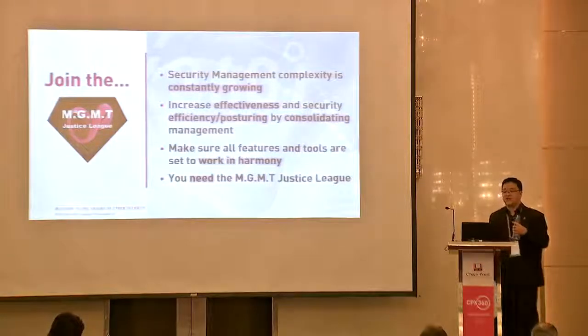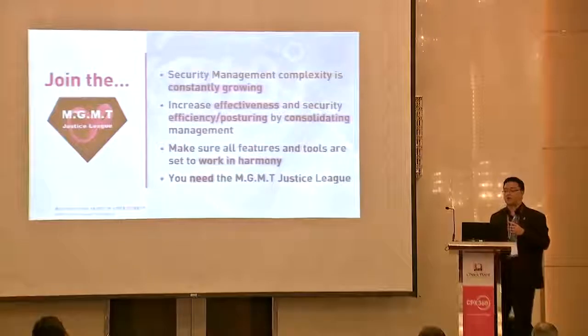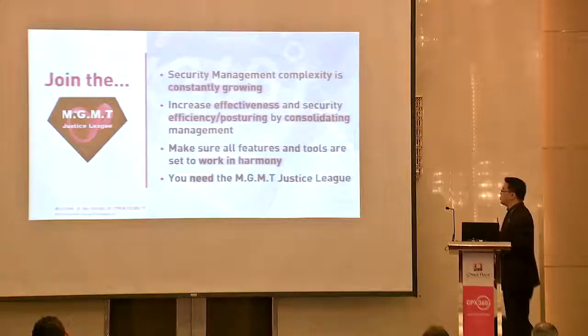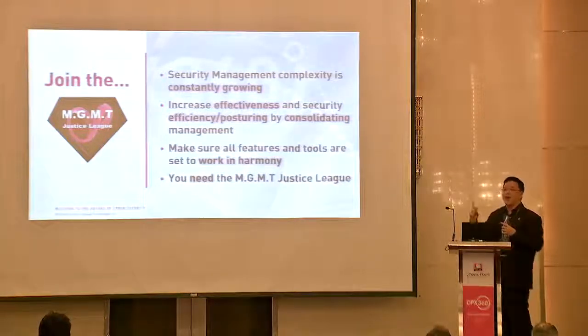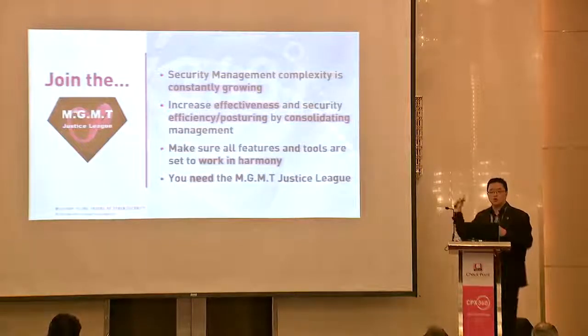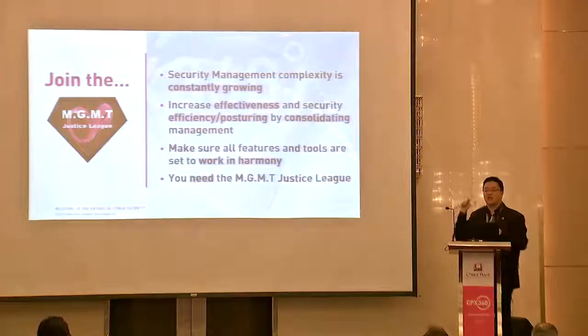Increase effectiveness and security posturing, consolidating. You have only 1 product to manage versus 10 products. And make sure that all these tools work together, which is one of the key highlights that I bring up again and again to every customer I meet. You have tools. If your tools don't work together harmoniously, it just gives you a false sense of security.